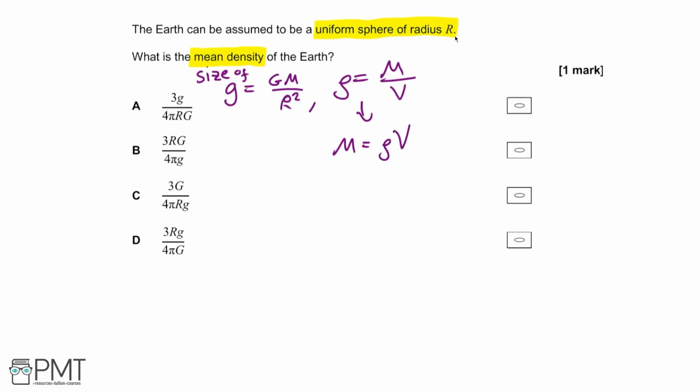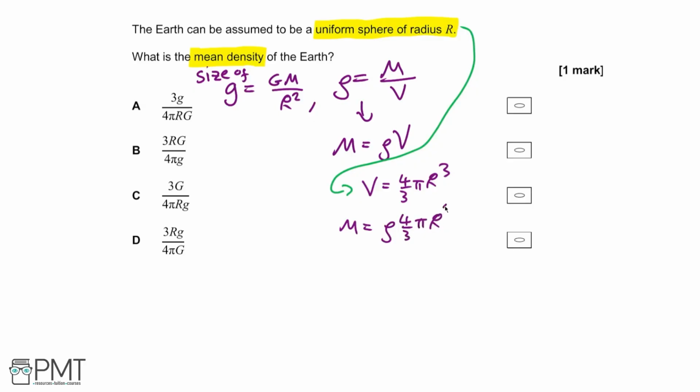Then we use the fact that we're dealing with a uniform sphere of radius r, and that tells us that v is equal to 4/3 pi r cubed. So m is equal to rho times 4/3 pi r cubed. We can then substitute that in and get g is equal to big G divided by r squared times rho times 4/3 pi r cubed, like so.